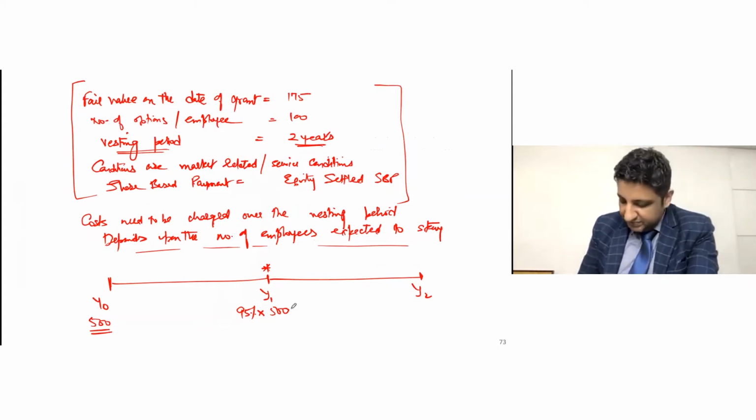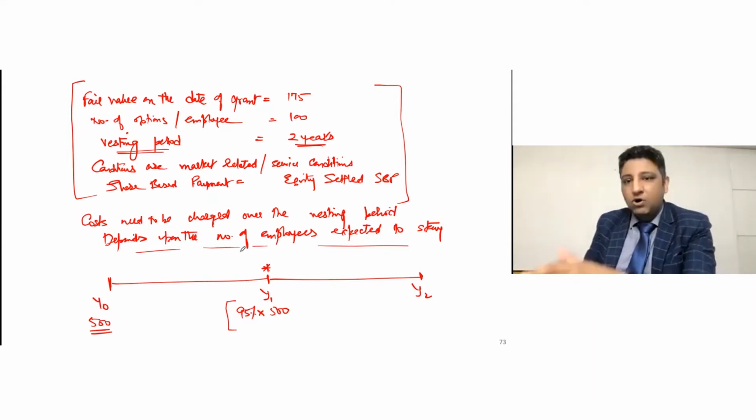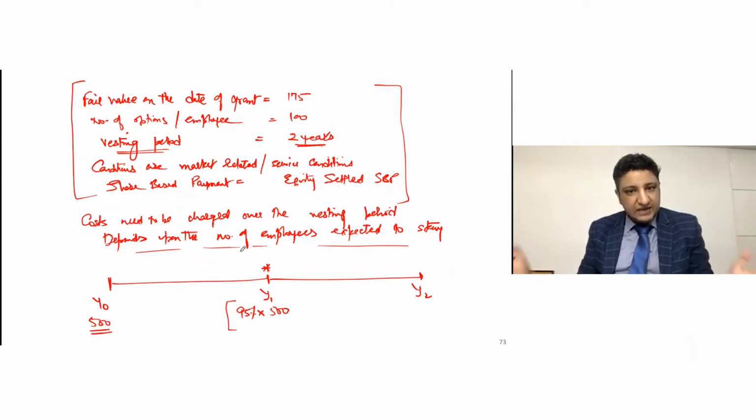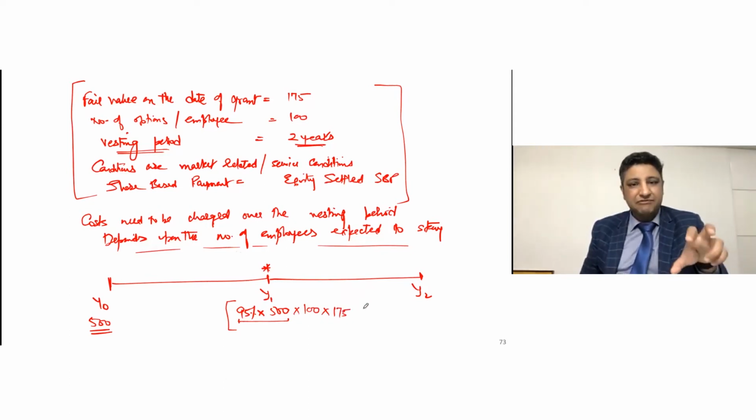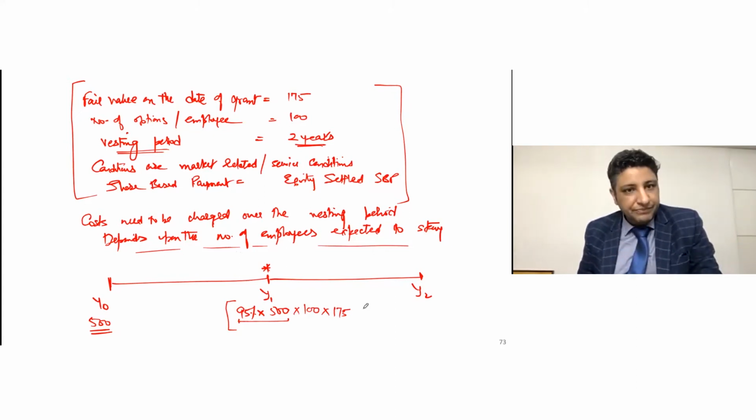My total cost for the entire 2 years, as expected at the end of year one, is going to be the number of employees expected to stay, the number of options per employee, and the fair value of each option when it was granted to that employee.